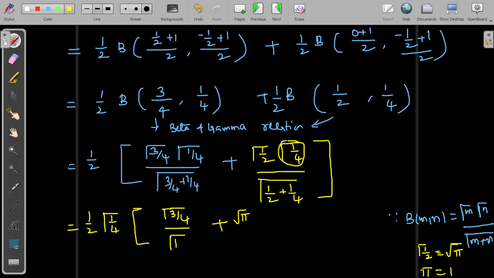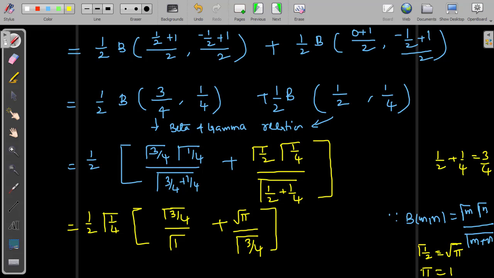The one already written outside is finished in the numerator, divided by the denominator we have half plus 1 by 4. The sum of these two fractions is 3 by 4, because the LCM is 4 and 2 plus 1 is 3. So 3 divided by 4.